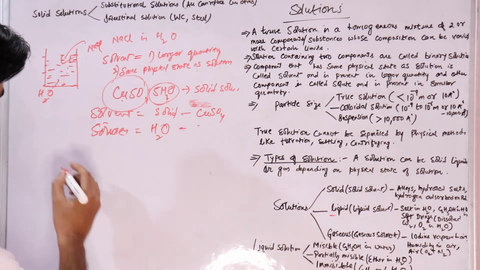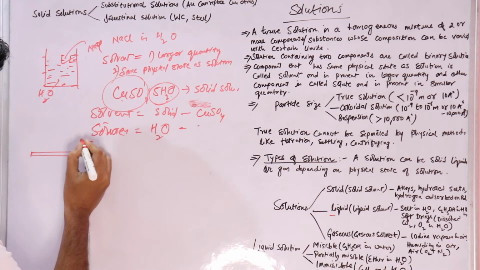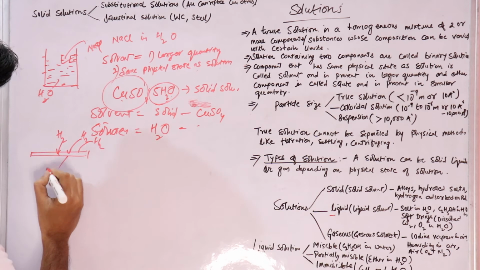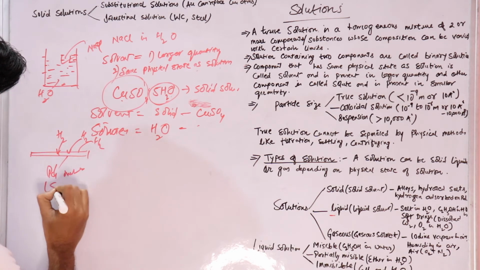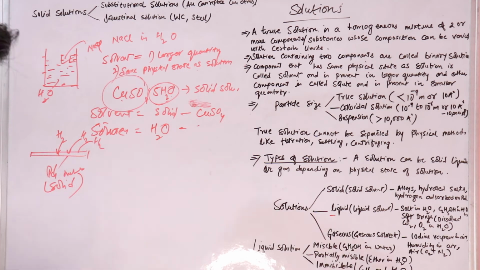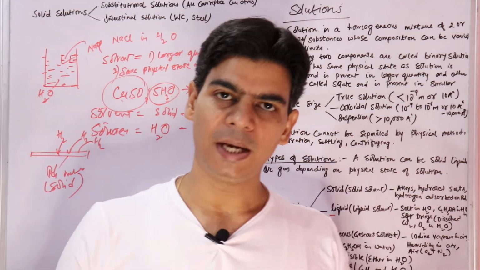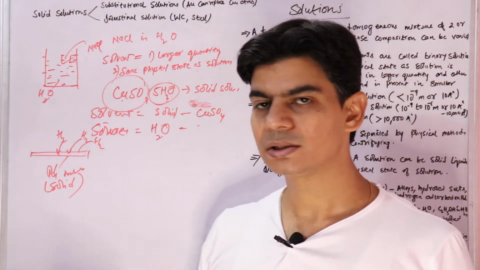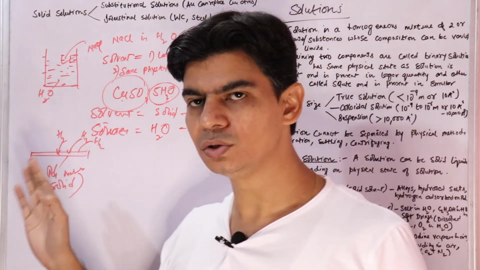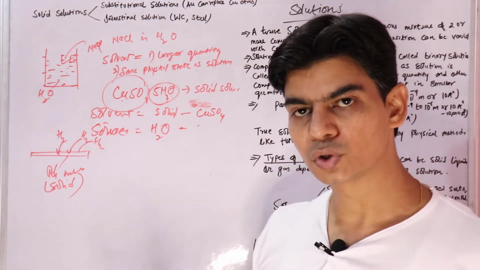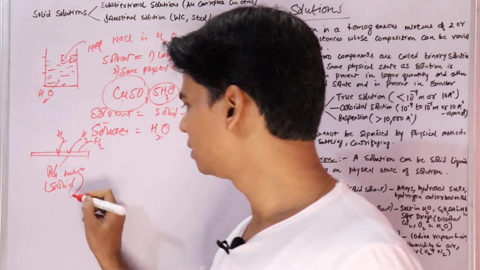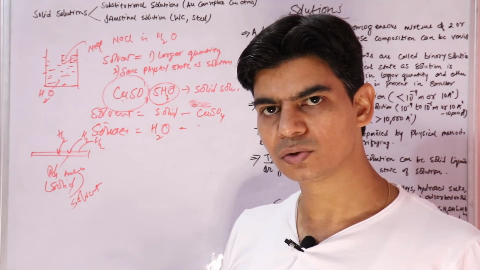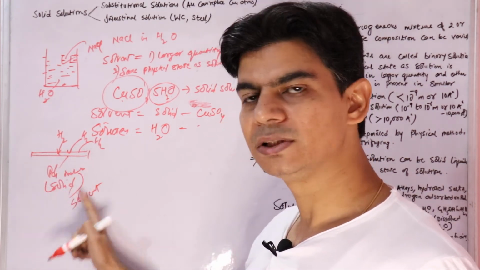Hydrogen absorbed. We know that hydrogen gas gets absorbed on platinum metal, which is a solid. Hydrogen gas absorbed on platinum metal is an example of a solid solution, so the solvent would be solid, which is platinum.